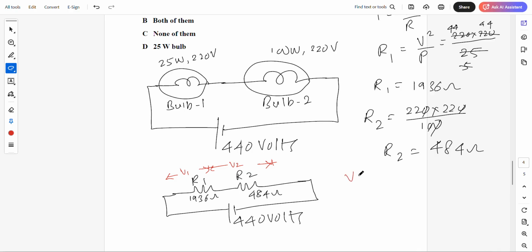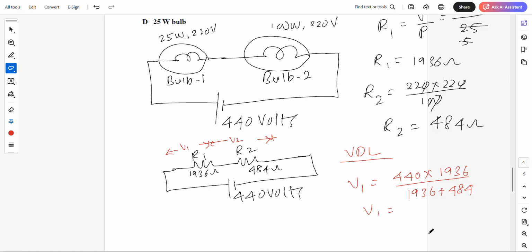We will use VDL, the voltage divider law. V1 is equal to the main voltage, 440, into the resistance of that branch, 1936, divided by the sum of the two resistances, 1936 plus 484, which is 2420.